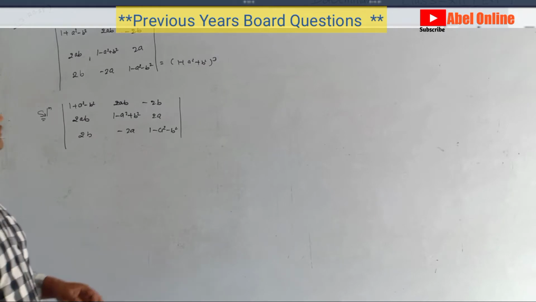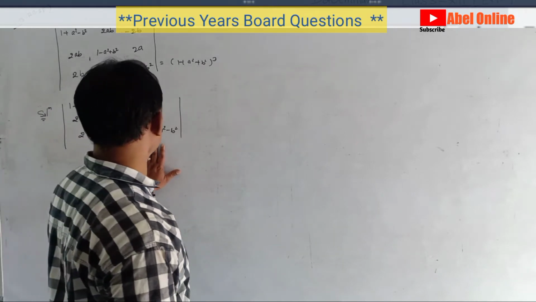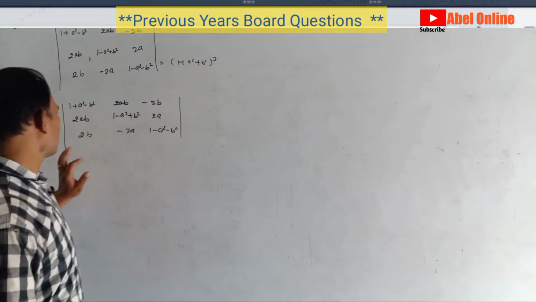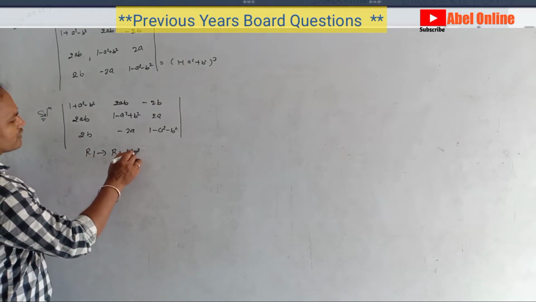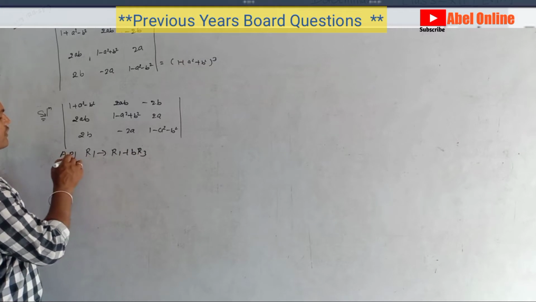Looking at the first and second steps here, I am going to operate R1 tends to R1 plus b R3. Why do we apply this?